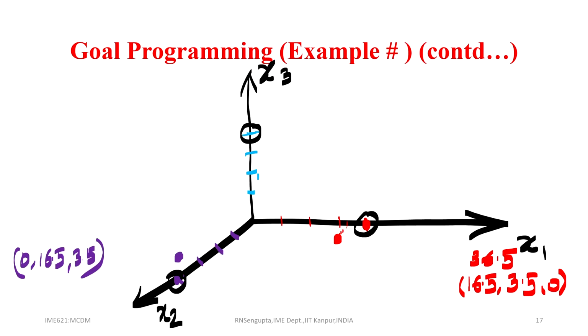So, if I plot it, the points were basically 3.5 on x1, x2 is 0 and x3 is 16.5. So, this will be somewhere here.